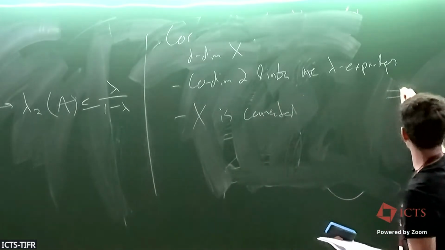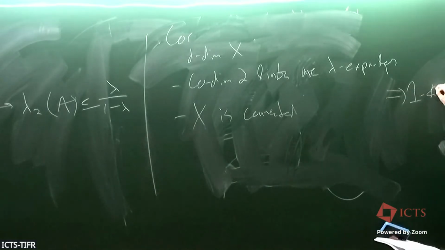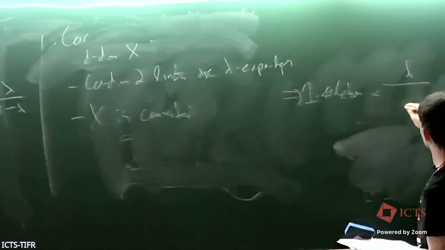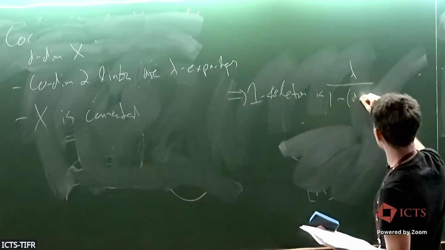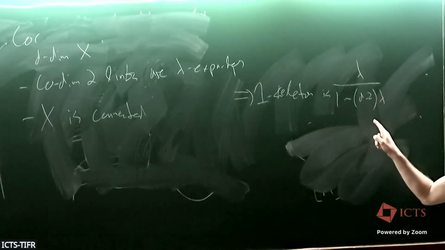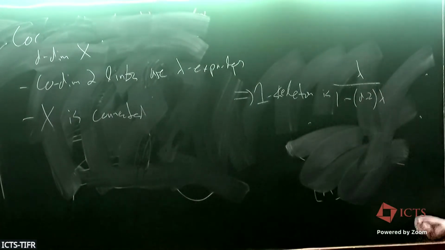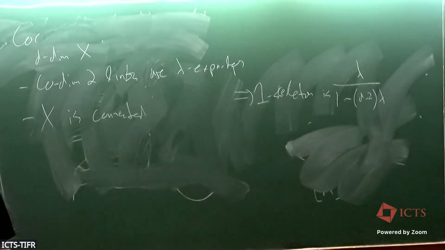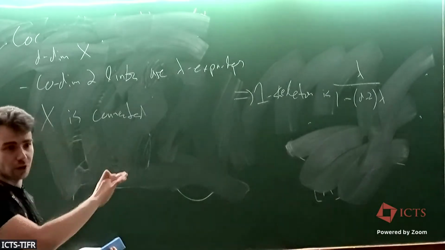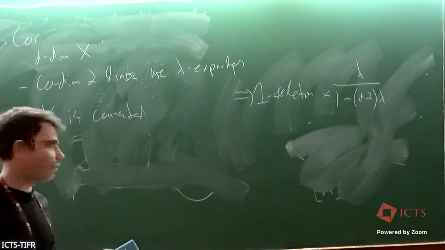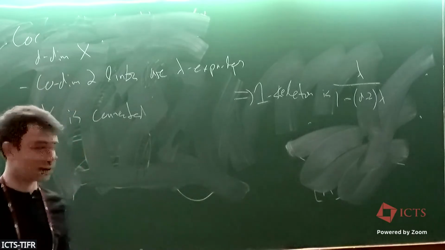This implies the one skeleton underlying graph is a lambda over 1 minus (d minus 2) times lambda expander. So if d is 3, it's lambda over 1 minus lambda; this generalizes to high dimensions. So as long as lambda is reasonably small, like 1 over d or 1 over poly d, we don't have to look at all the links. You only have to understand these top pairwise correlations in the complex. That will imply high dimensional expansion of the entire complex.